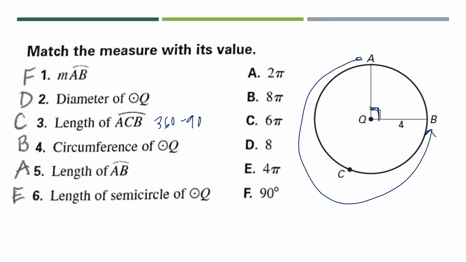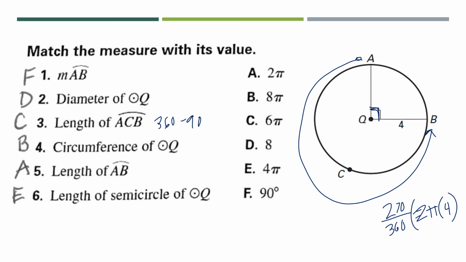That will give you 270. So you would need to do 270 over 360 times 2 pi r to get your answer. Their circumference, you just use 2 pi r or pi d, whatever you want to do. 2 times pi times r would be 8 pi.